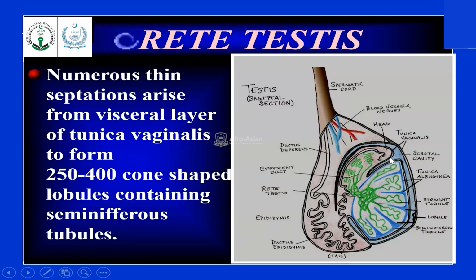So here you can see the tunica vaginalis, the scrotal cavity, tunica albuginea, the lobules, here is the rete testes.